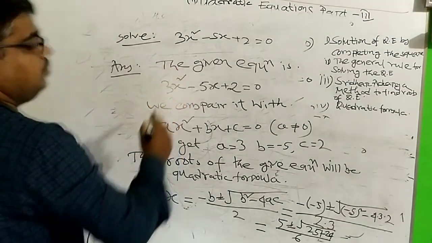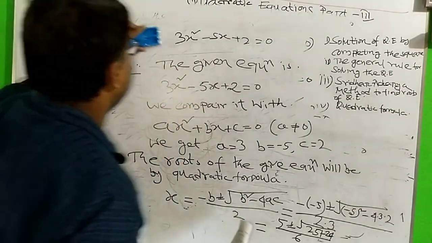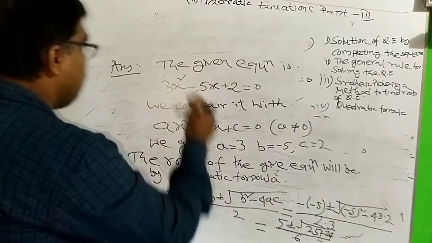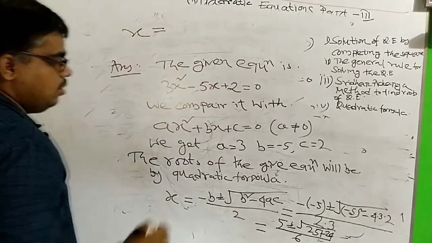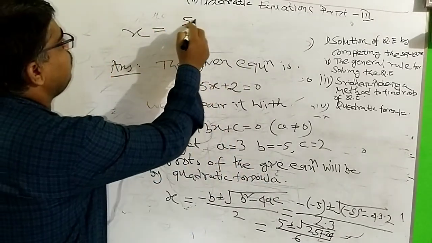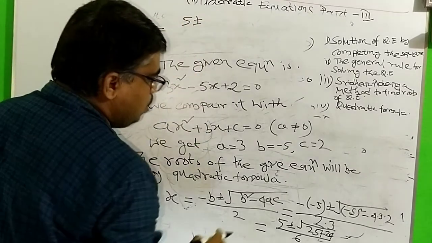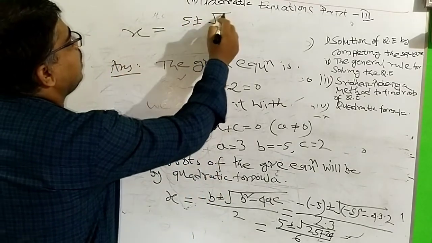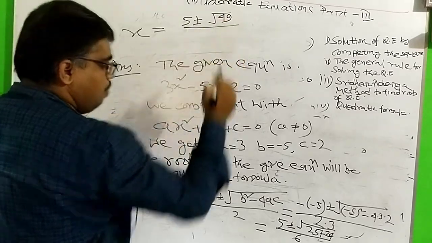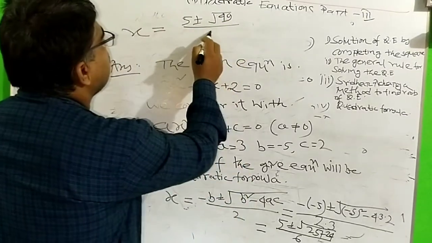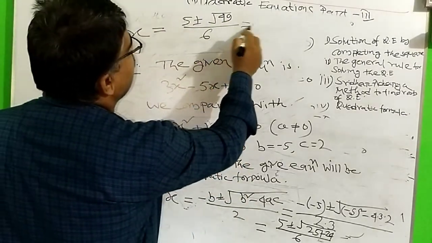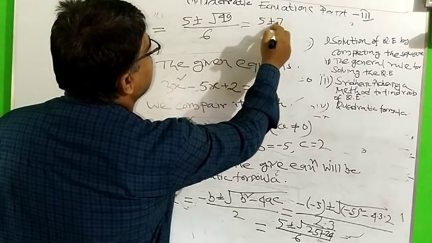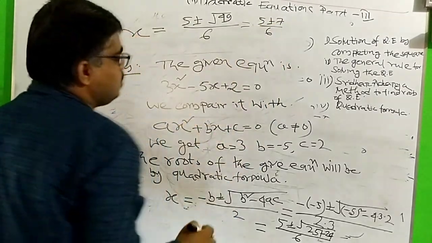We write here x equal to 5 plus minus root over 49 by 6 equal to 5 plus minus 7 by 6.